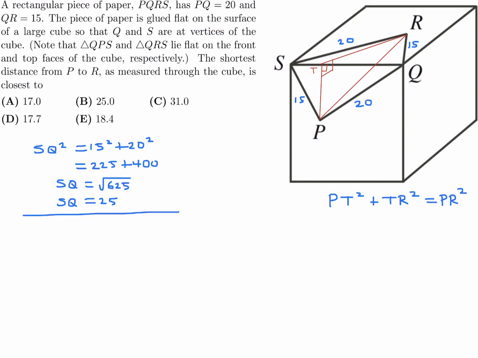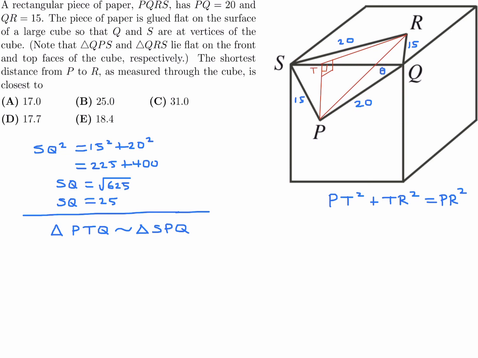Now, the next step in this question is a similar triangle comparison. And in particular, it's 2 triangles. And those triangles are triangle PTQ is similar to triangle SPQ. So those 2 triangles are similar because they have the same angles.